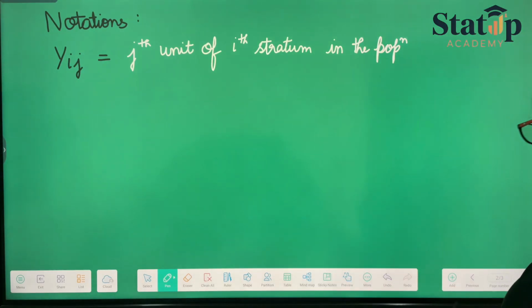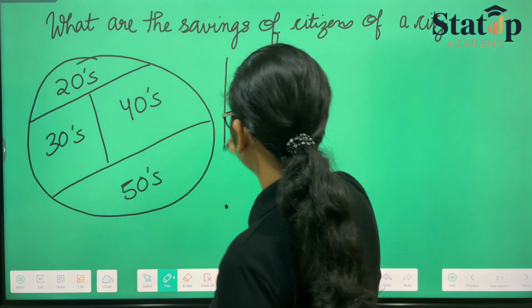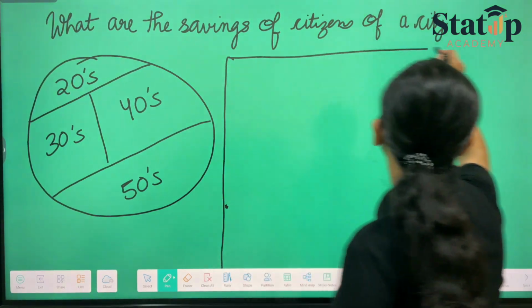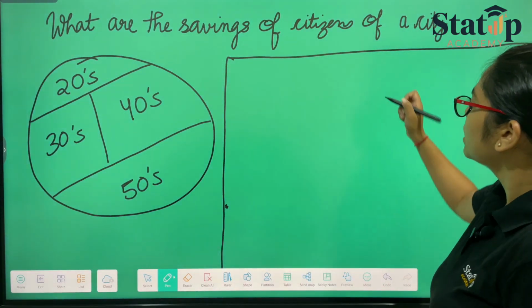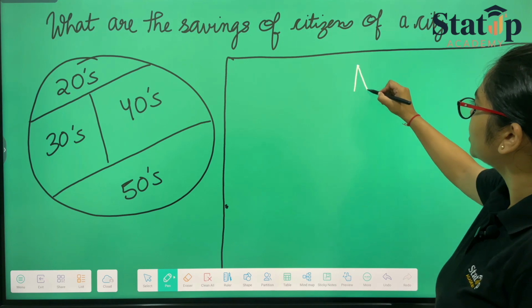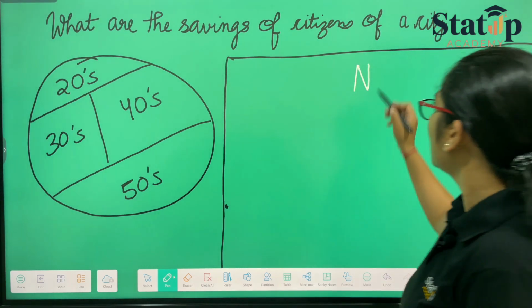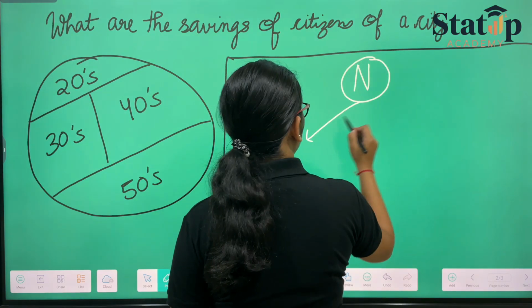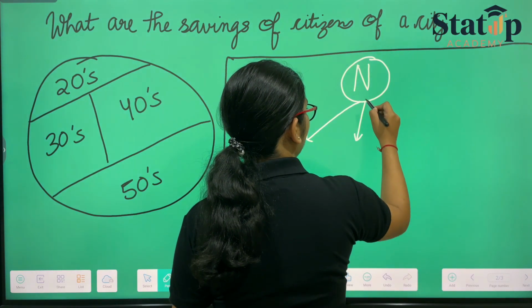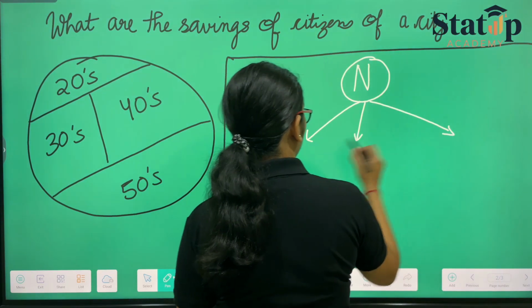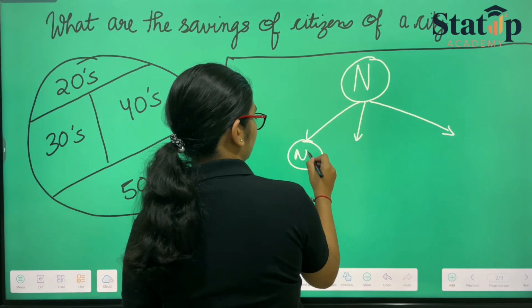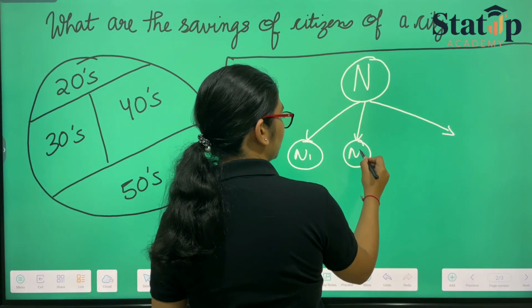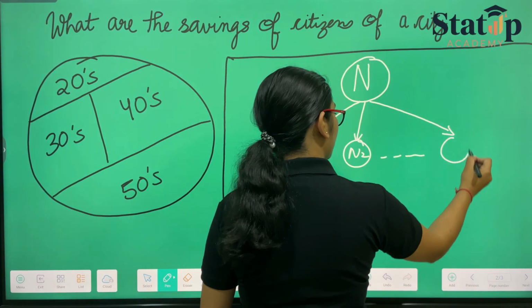Before this, let us draw a structure of stratified random sampling. So we have a population of size capital M, and now this population can be divided into various strata, suppose N1, N2 up till Nk.